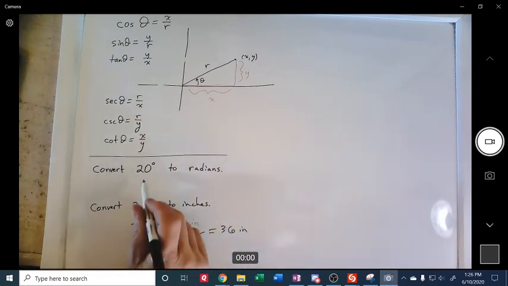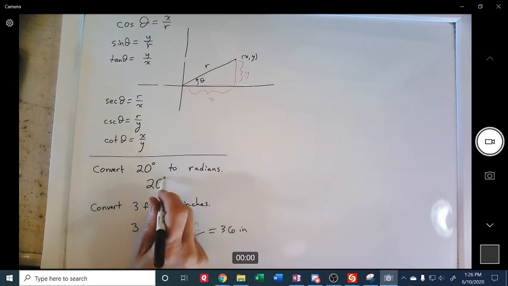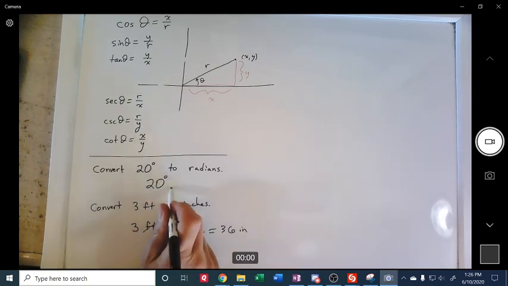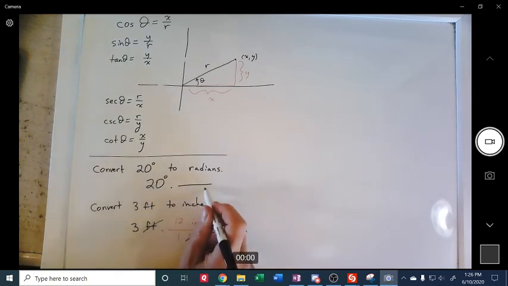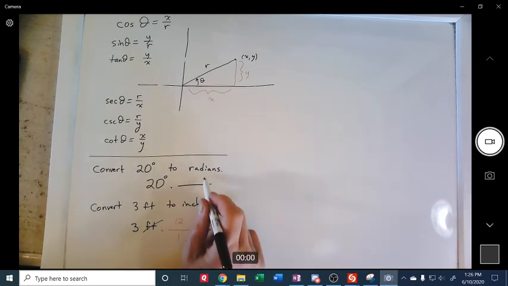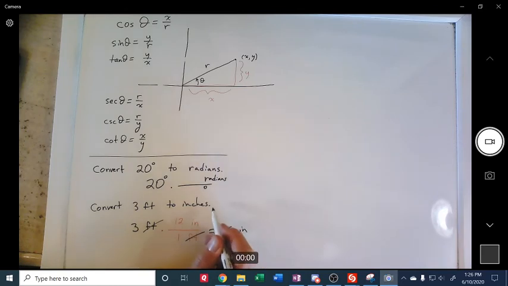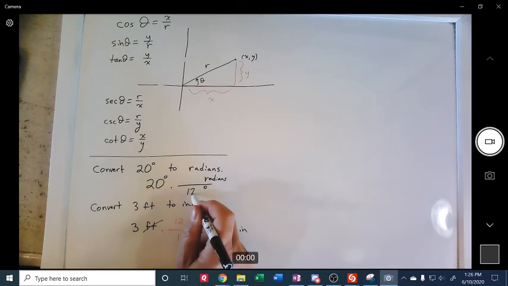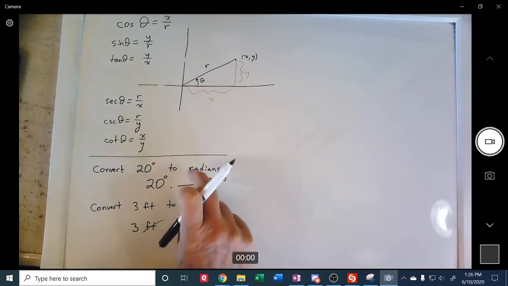So we're going to do the same kind of thing here. 20 degrees times, I want degrees to go away, I want radians to show up. I need something equivalent. I can either go entirely around the circle, that's 360 degrees, or halfway around will be good enough. 180 degrees is the same as pi radians, as long as these are equivalent.